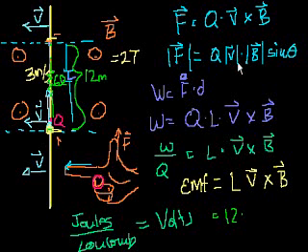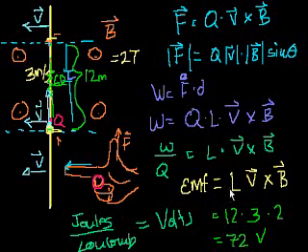So we just have to worry about the magnitudes. So it's going to be 12 meters times the velocity, which is 3 meters per second, times the magnitude of the magnetic field, that's 2 teslas. And so the EMF is 12 times 3 times 2, 12 times 6, which is 72 volts, or 72 joules per coulomb.